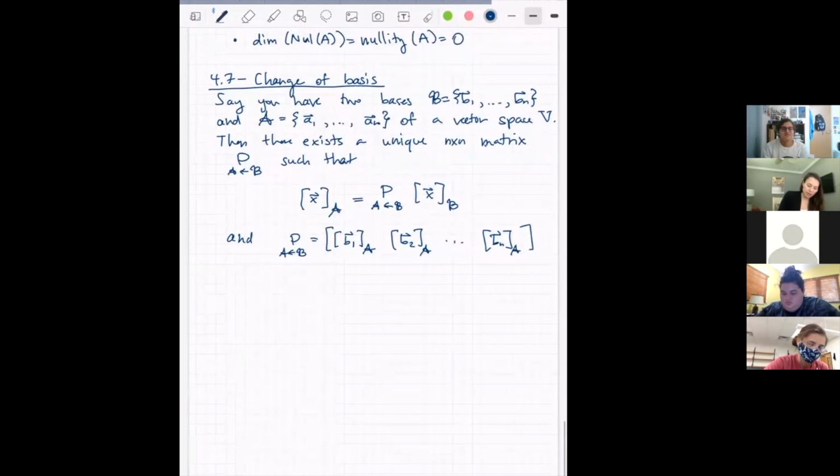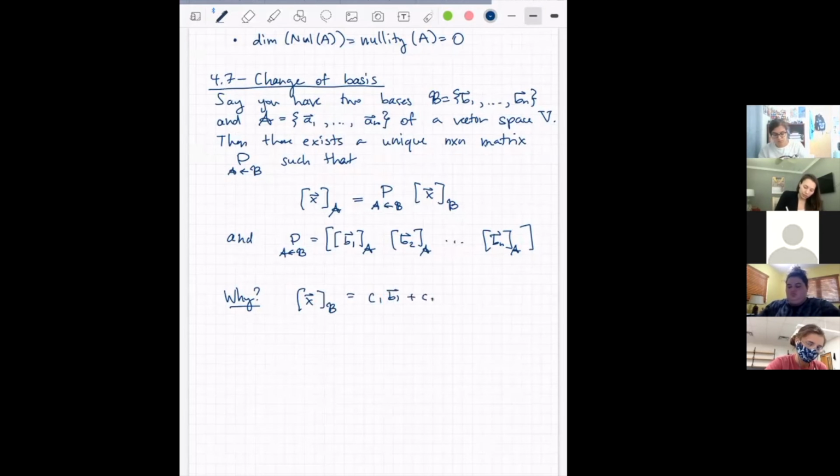Okay, so why might this be the case? Why does this P matrix have this form? Well, we can see this by looking at our vector. Say in B coordinates, it has the coordinates C1, C2, up to Cn, right? So this means that this coordinate vector is just this vector like this, C1 up to Cn.